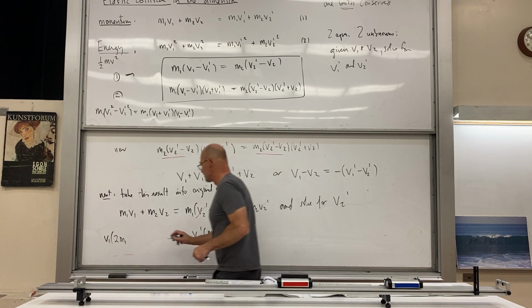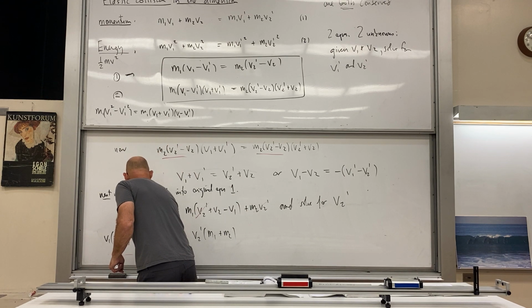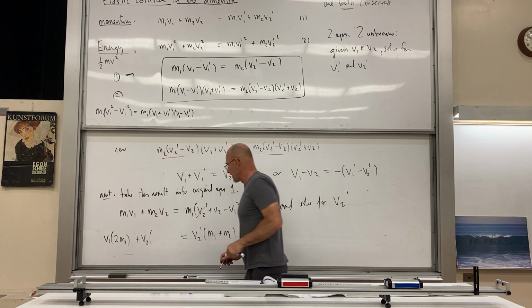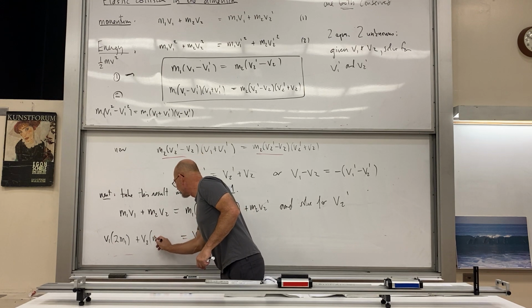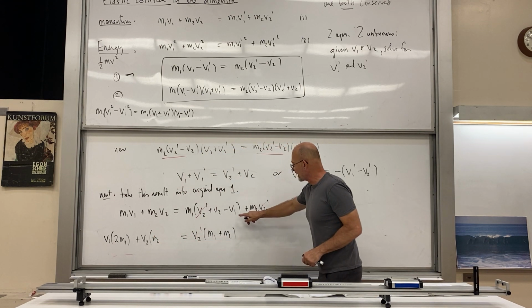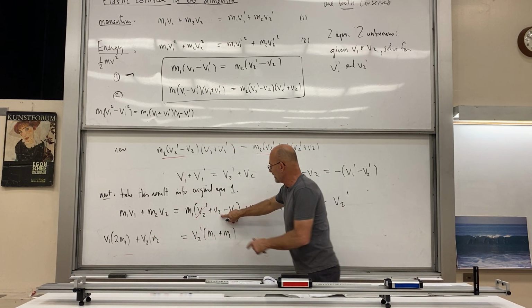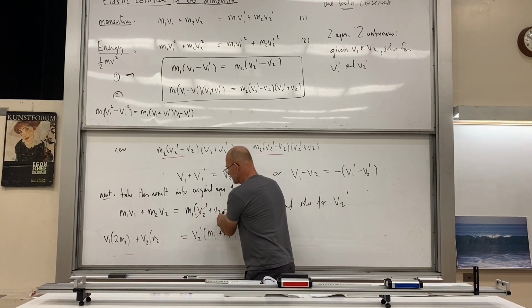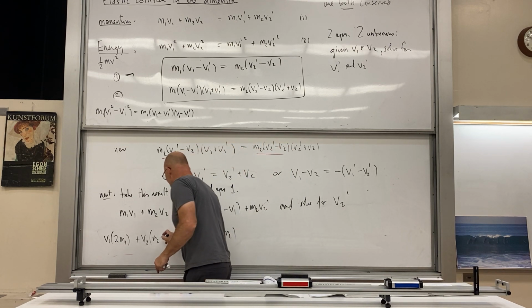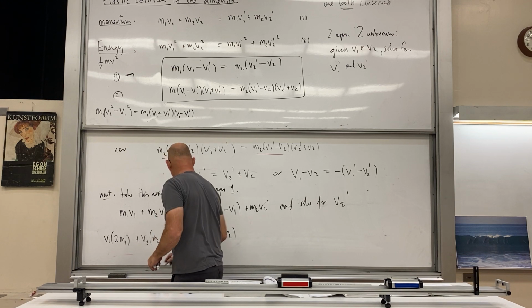And what else do we have? Plus V2, and we'll have an M2 here. And from this side, we have M1, going to come over to the other side of the minus sign, so minus M1.